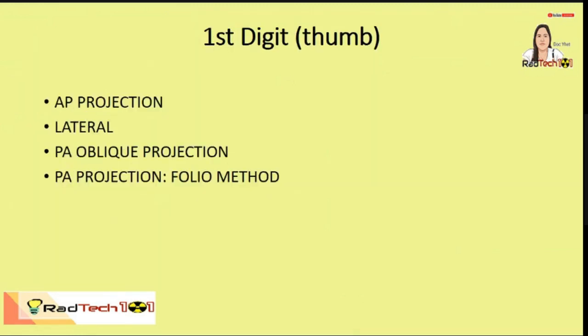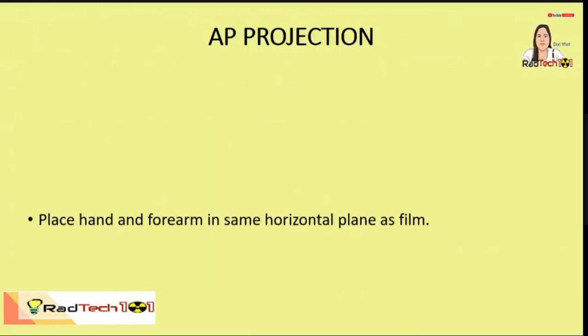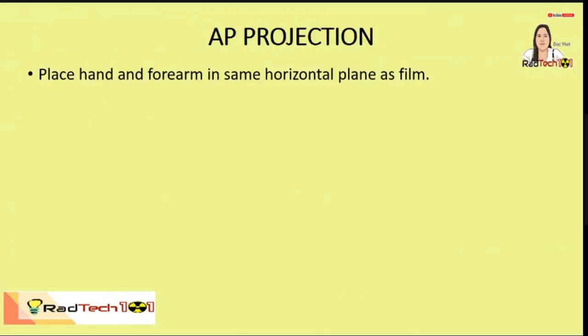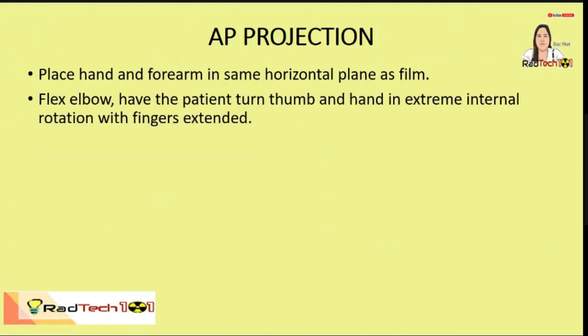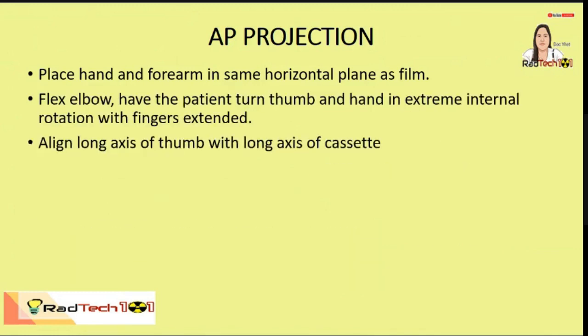So next, we will discuss the different projections or methods naman for the first digit or the thumb. So we have the AP projection, lateral, PA oblique, and the PA projection Folio method. For AP projection, place hand and forearm in the same horizontal plane, flex elbow, para comfortable si patient.